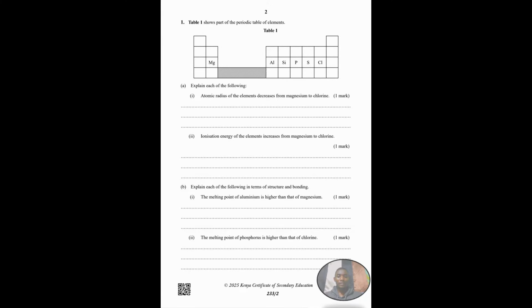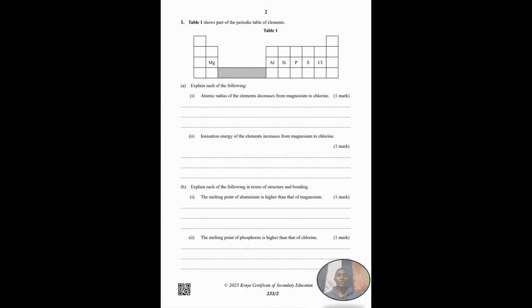Some of the elements among the first 20 elements have been filled. So I would like us to start by filling some of the remaining elements that form the first 20 elements in the periodic table before we start answering the questions down there.